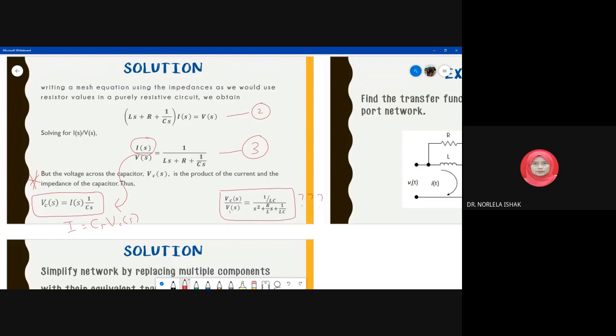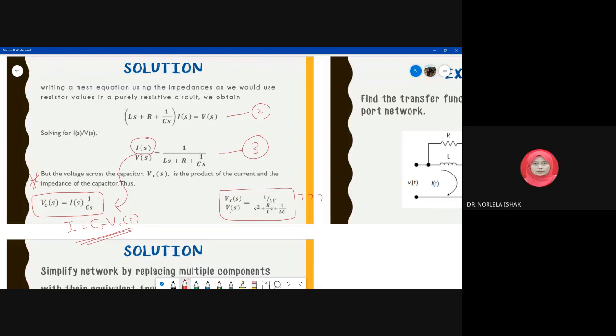Is it true? Is it correct, this equation? Is it correct? Yes, madam. Okay, correct, right?